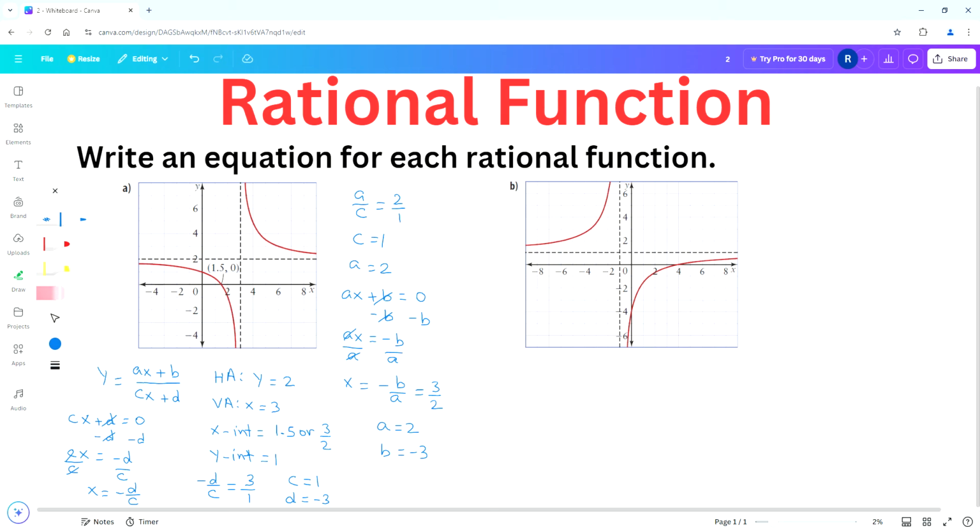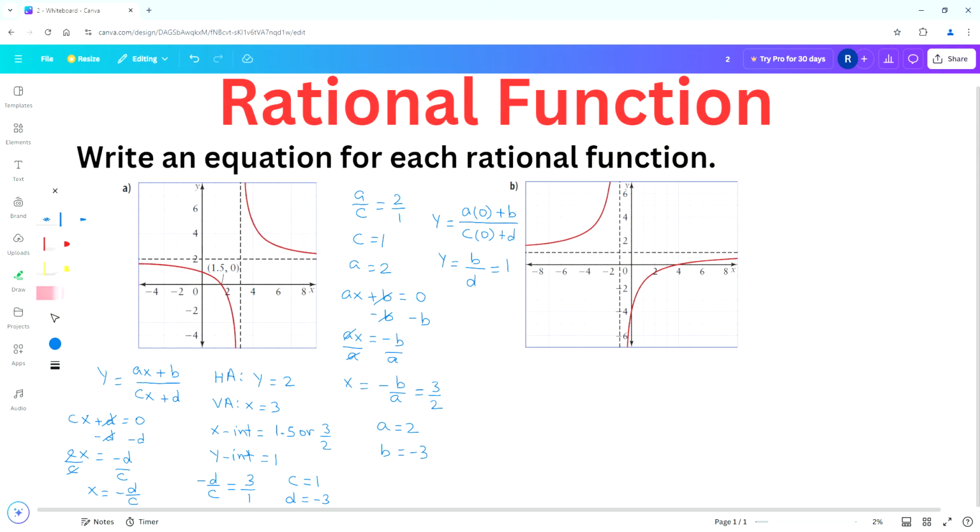Now that we have found the values of a, b, c, and d, we can do the check for the y-intercept. From the general equation, we can find the y-intercept by subbing in x as 0. A times 0 is 0, 0 plus b is equal to b. C times 0 is 0, 0 plus d is d. In the given graph, the y-intercept is 1.